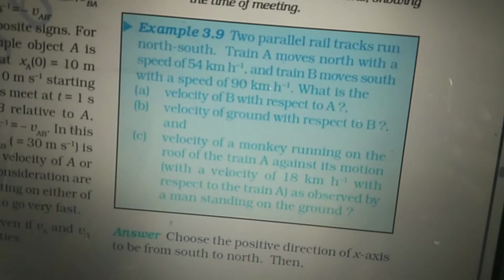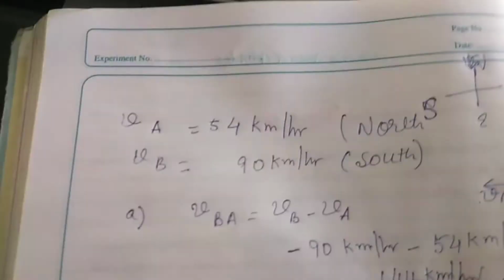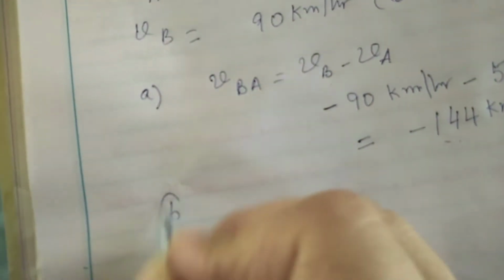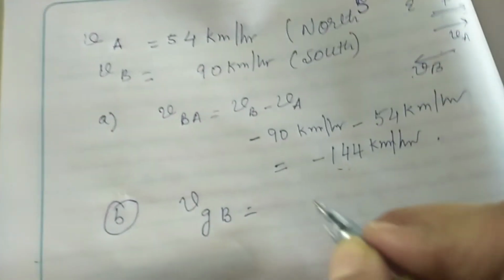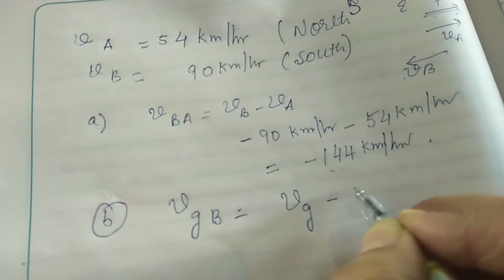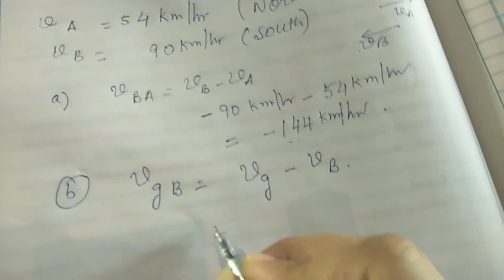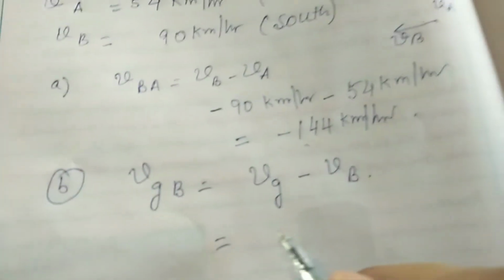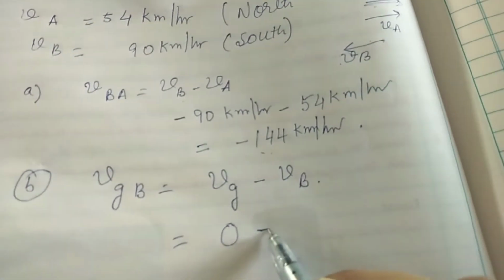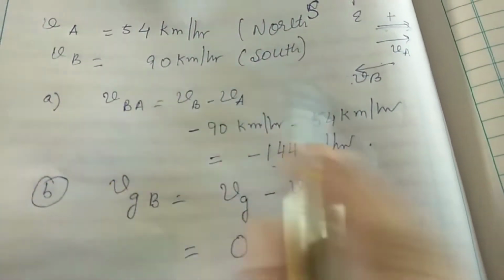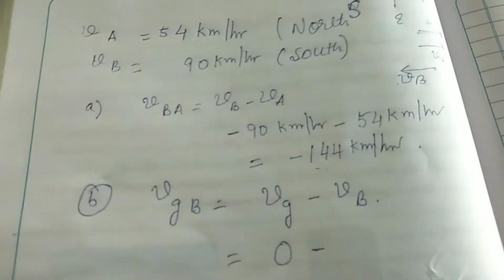Now the second question is velocity of ground with respect to B. This is part B. Velocity of ground with respect to B would be velocity of ground minus velocity of B. So velocity of ground is 0, that we know, ground does not move at all, and B, that is the velocity of the train, is moving towards the negative direction.